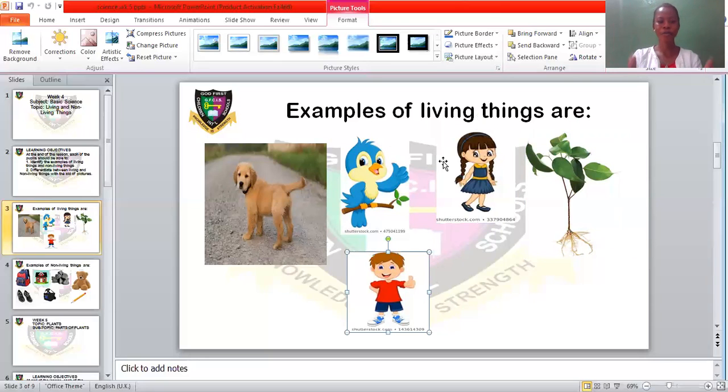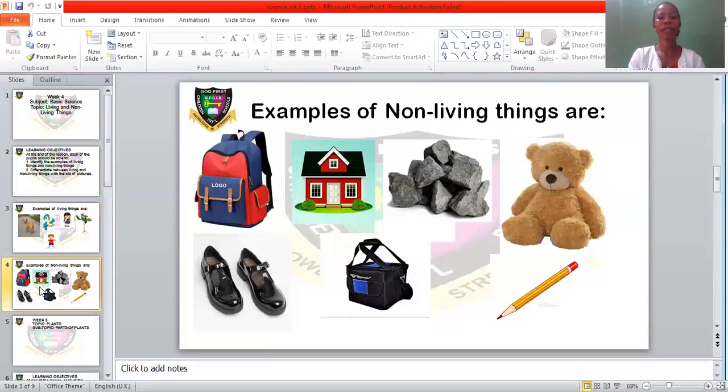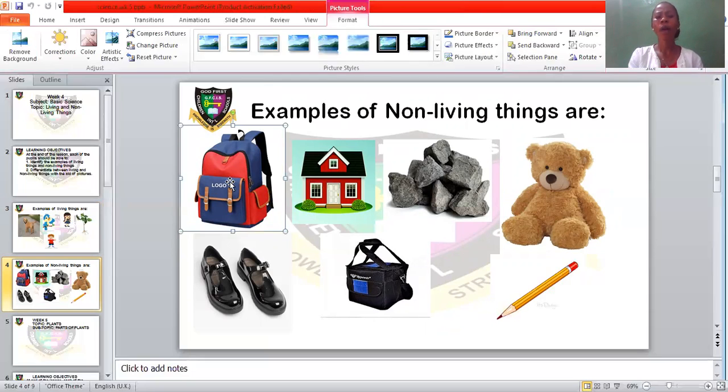You are great. Let's move on to examples of non-living things. What are the examples of non-living things? One, we have a bag. A bag cannot talk.